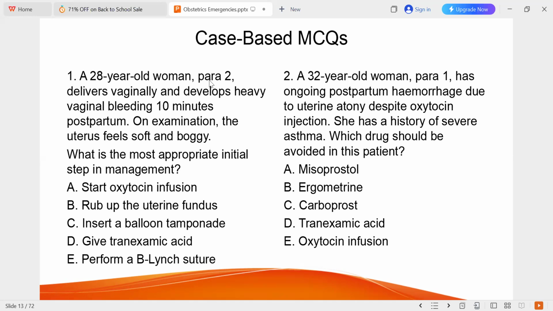B. Do we agree? Do you all agree it's B or A? B is correct.